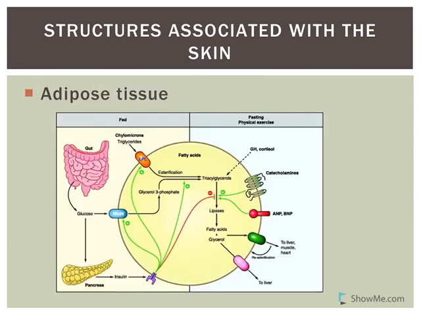The next target would be adipose tissue. So you do have a lot of adipose tissue in the hypodermis, but you have it in other places in the body. In adipose tissue, you have the beta 3 adrenergic receptor. What that does is it triggers the breakdown of fat, and you'll have fatty acids that go out into the bloodstream and can be used as energy.